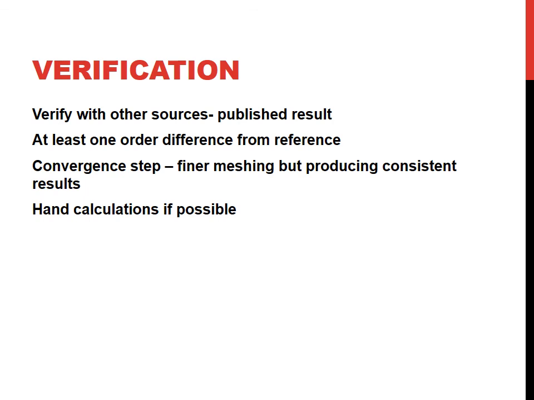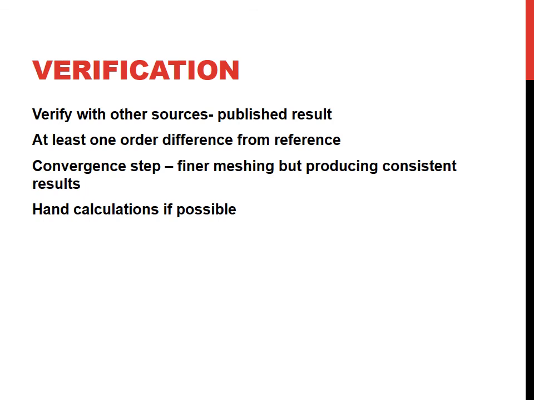And then we also need to do the convergence steps. This can be done by using progressive meshing, where we create a higher number of elements or nodes, but it gives a consistent result.